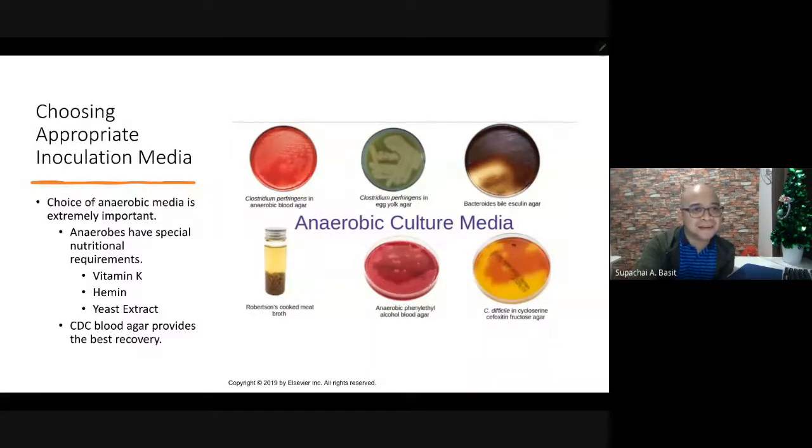And since they are difficult to grow, we need additional supplements. Okay? This additional supplement can be in the form of vitamin K, hemin, and yeast extract. So CDC blood agar provides the best recovery. So these are examples of appropriate culture media.